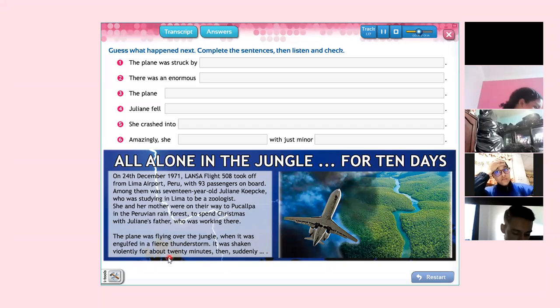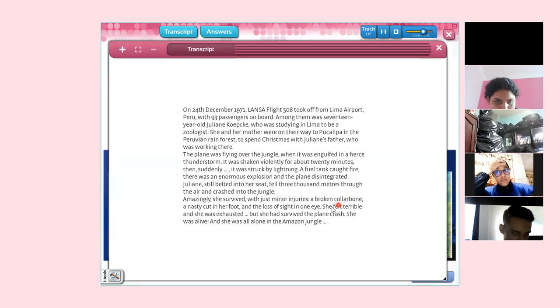It was shaken violently for about 20 minutes. Then suddenly, it was struck by lightning. A fuel tank caught fire, there was an enormous explosion, and the plane disintegrated. Juliana, still belted into her seat, fell 3,000 meters through the air and crashed into the jungle. Amazingly, she survived with just minor injuries, a broken collarbone, a nasty cut in her foot, and the loss of sight in one eye.